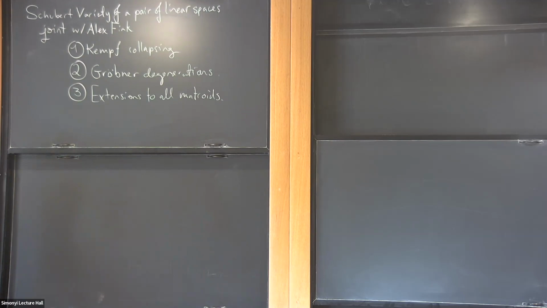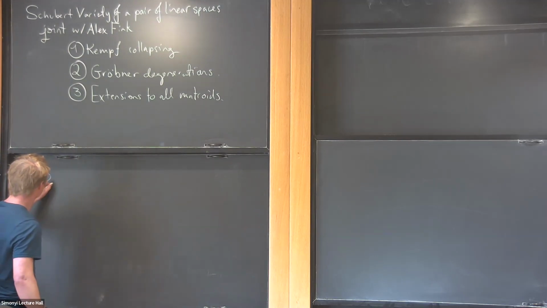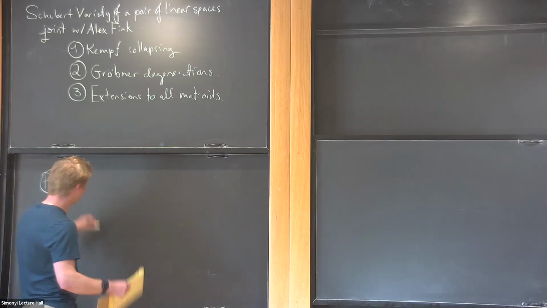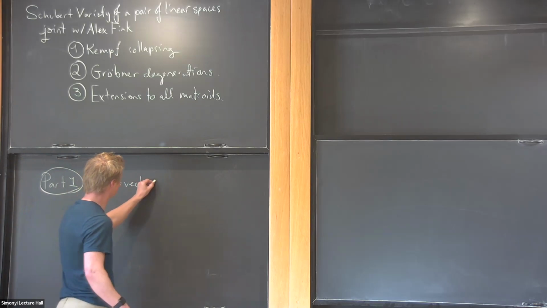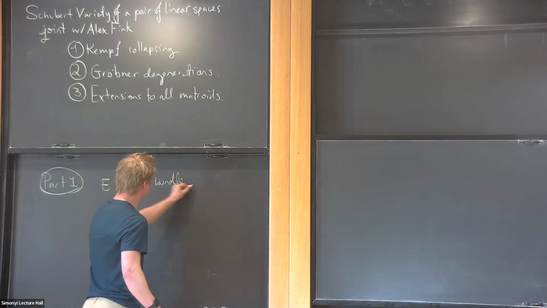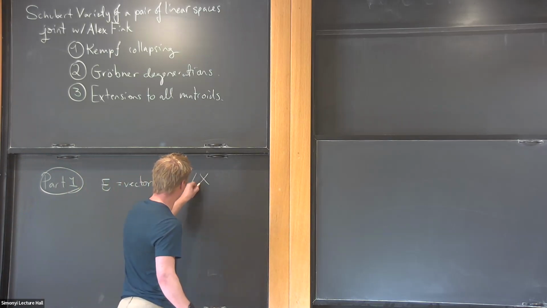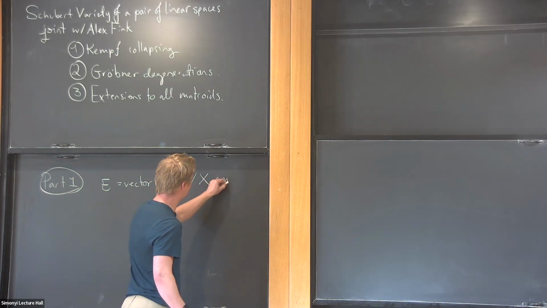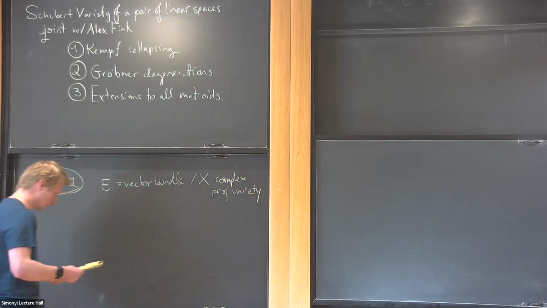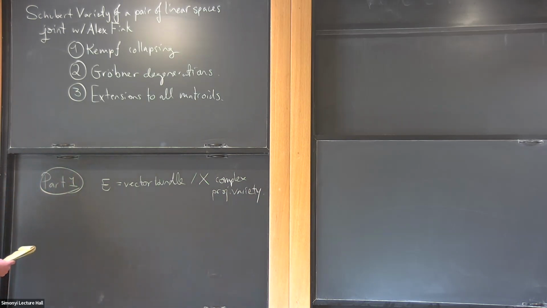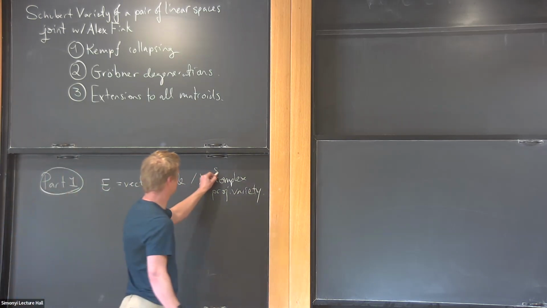Part 1. I'm going to take E to be a vector bundle over X, which is going to be a complex projective variety. I want it to be smooth.